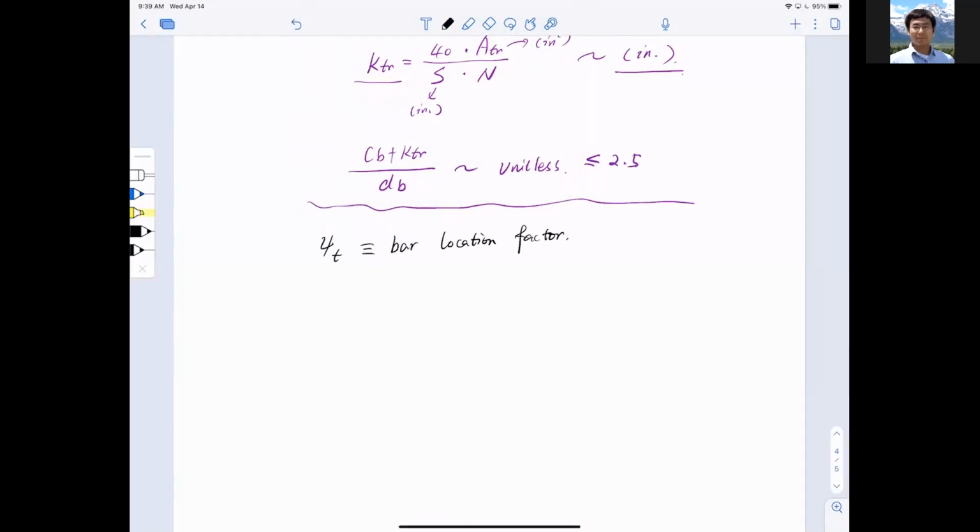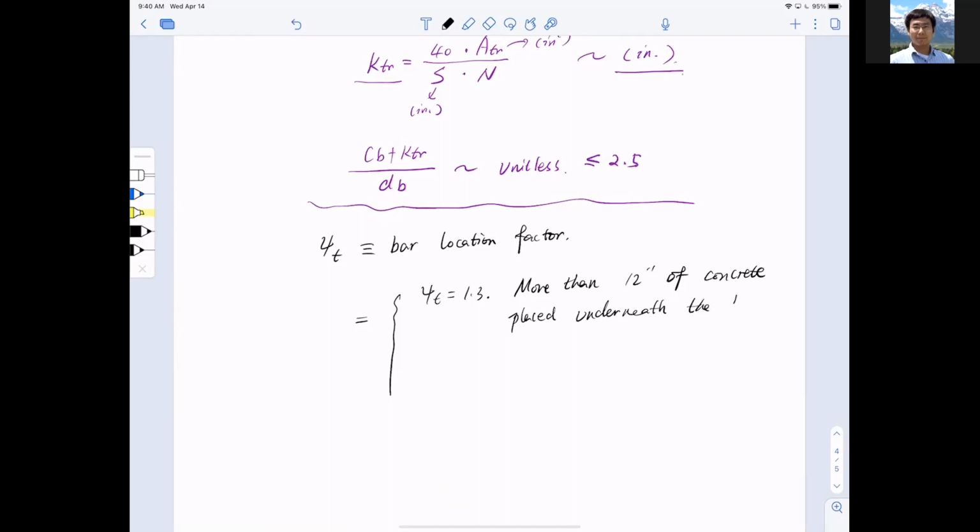If psi t is 1.3, that means I have more than 12 inches of concrete placed underneath the bars being developed.